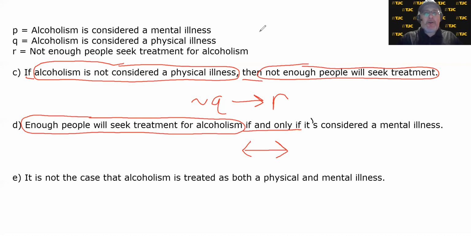If you said R, you're kind of right, but not exactly. R says not enough people seek treatment. This statement says enough people seek treatment. It's the negation of R. And on the right side of the if and only if, it's considered a mental illness. Alcoholism is considered a mental illness. That is statement P.